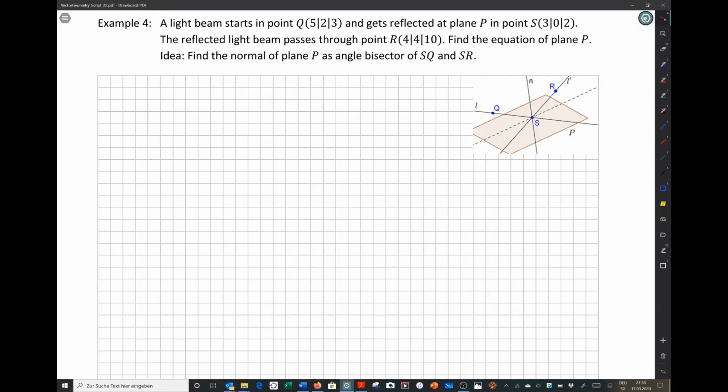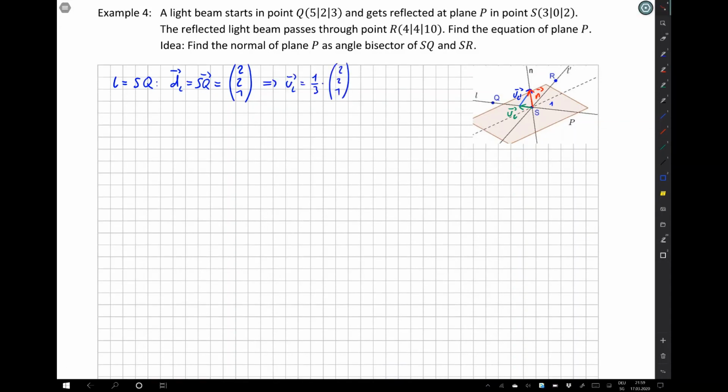And then by having that one, we can simply find the equation of the plane. So what we need are the unit direction vectors of L and L' in the shown directions. The direction vector of the line L is the vector SQ, and hence the unit direction vector is the direction vector divided by its length, so 1/3 times the direction vector.